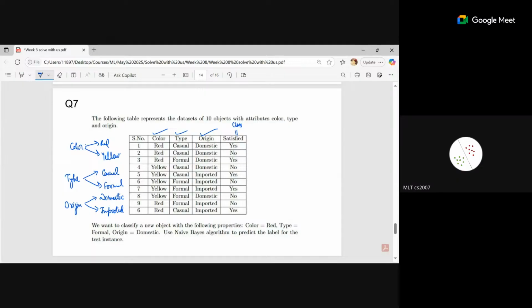Now, if you get a new object with the properties that color is red, type is formal, origin is domestic, then what is your naive Bayes classifier going to predict as the label for this test instance? You have to calculate whether it will predict yes or no. Maybe you can think of yes as 1 and no as 0. I'll wait for 2-3 minutes here.